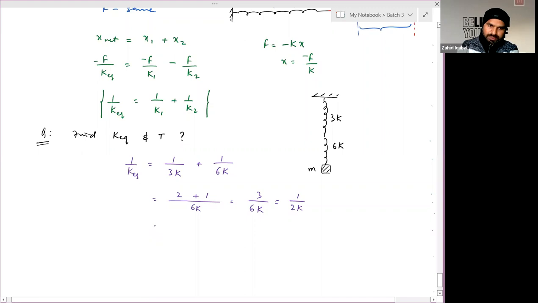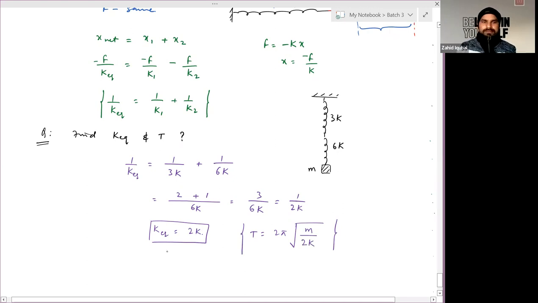On converting into numerator, K equivalent will become 2K. Now for time period, T equals 2 pi root under M by K, and K we have in this combination 2K, so it will be like this.